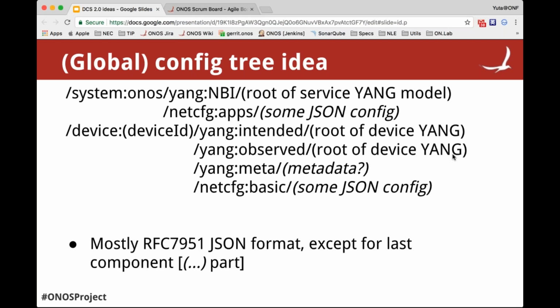So okay, this portion probably will contain the operational state, but I'm not completely sure whether this should be something from the device, or should be restricted to get-config or not. That's TBD.